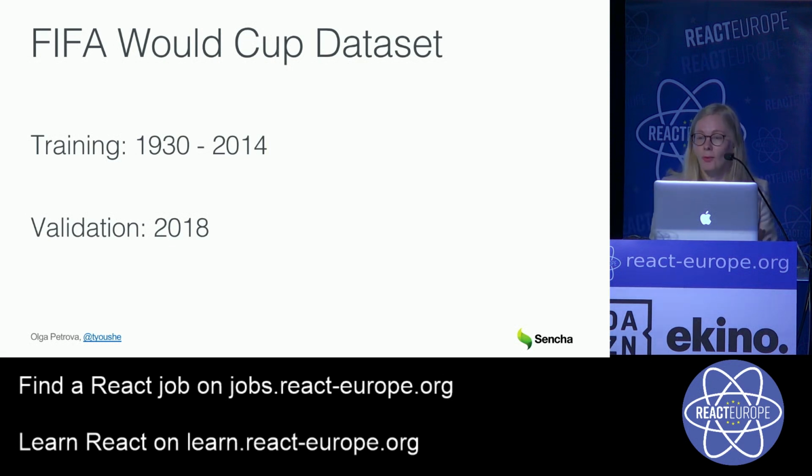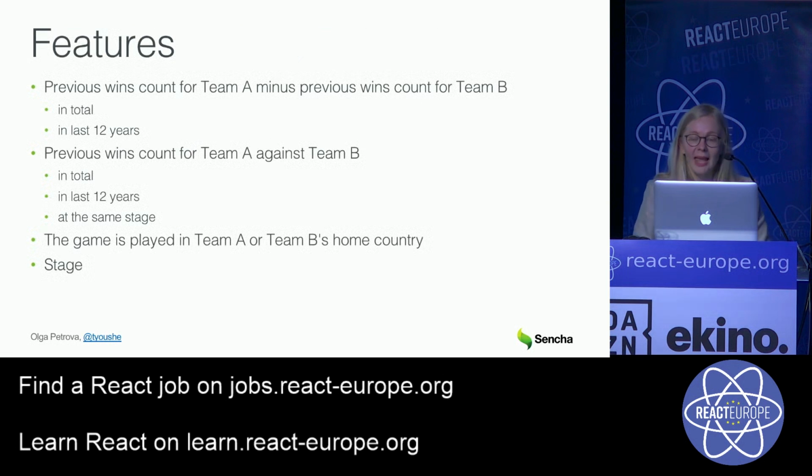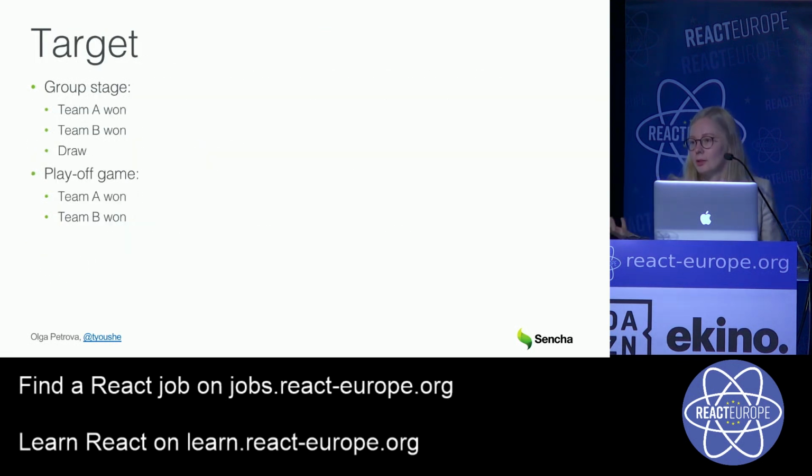I was specially invited to speak at this conference to remind everyone about this fact. I used the following features: previous win counts, home country, and stage. The result is the target; obviously, for the group stage, it's 3 options, and for the playoff, only 2 options.